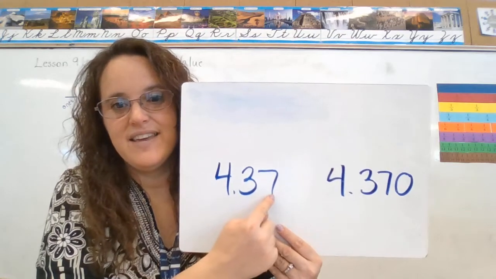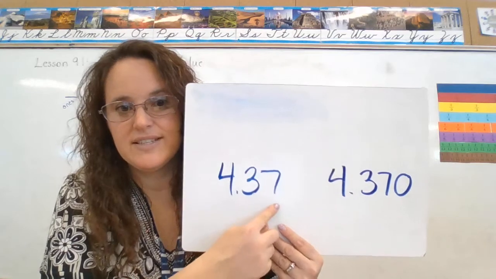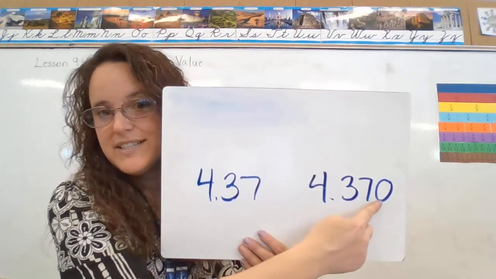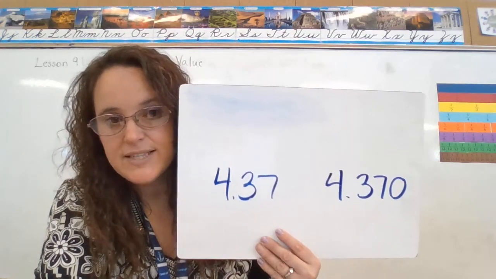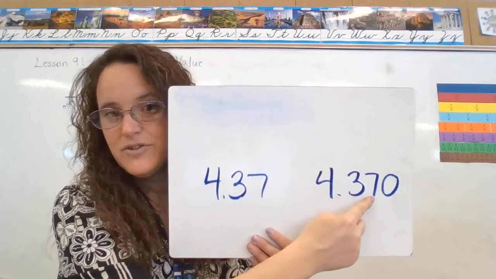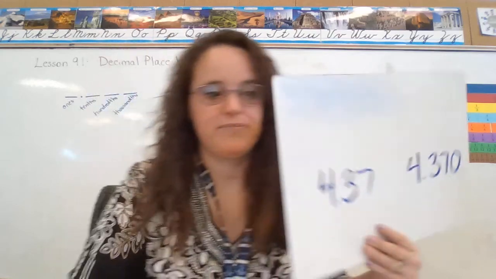The 7 is in the hundredths. We have tenths, hundredths. Here we have 4 and 370 thousandths. Which digit is in the hundredths place? Once again, the 7 is in the hundredths place. Tenths, hundredths, thousandths.